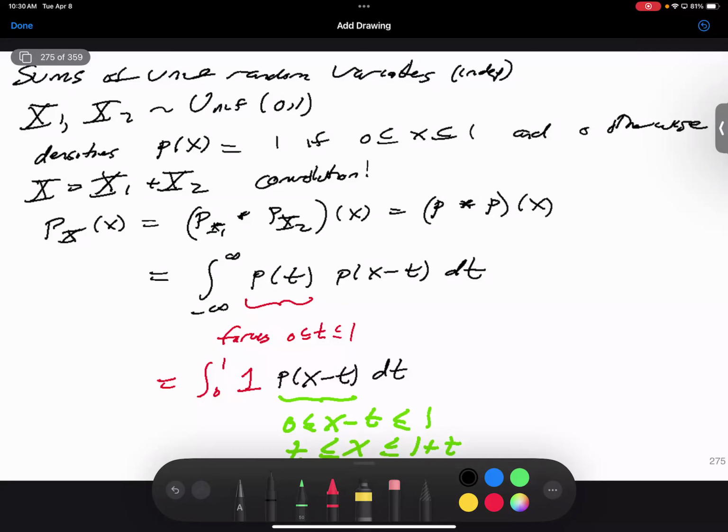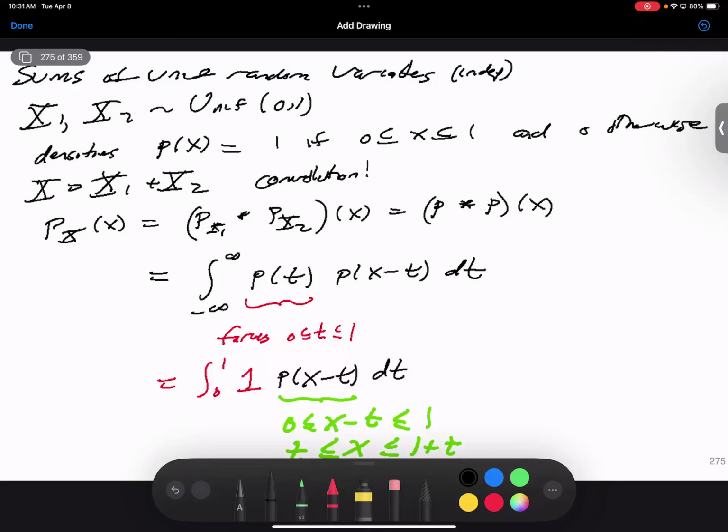Now, this is where almost all mistakes are made. The integration is trivial. It's making sure you have the right bounds of integration. So the first one, my density is not 1 everywhere. My density is only 1 for inputs between 0 and 1.